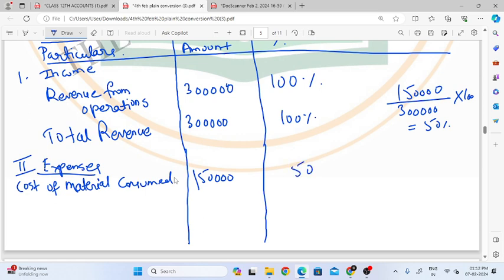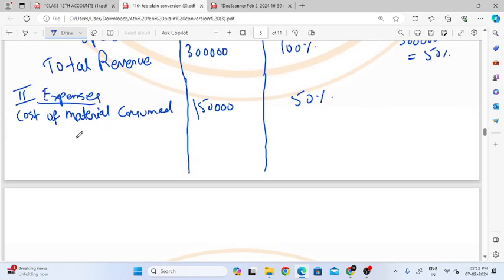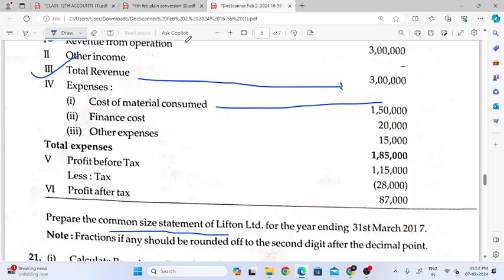So this is 50%. Then next what they have given is finance cost and other expenses. So I'll write finance cost, other expenses.